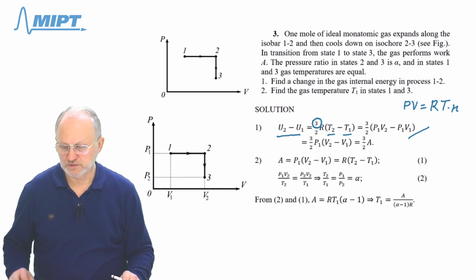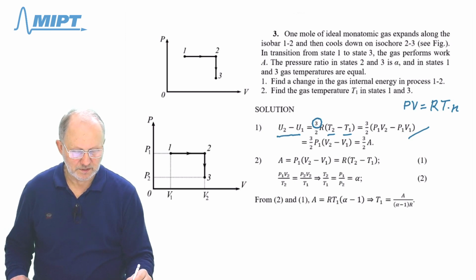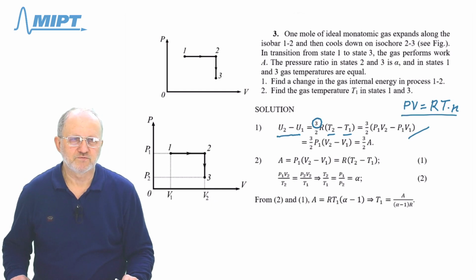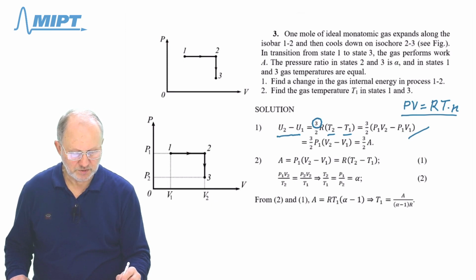But in this particular problem, the number of moles is 1. So, using this equation for an ideal gas, we immediately find the relationship between temperature and pressure and volume.